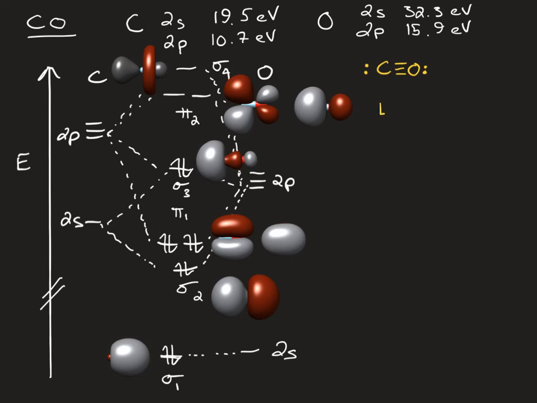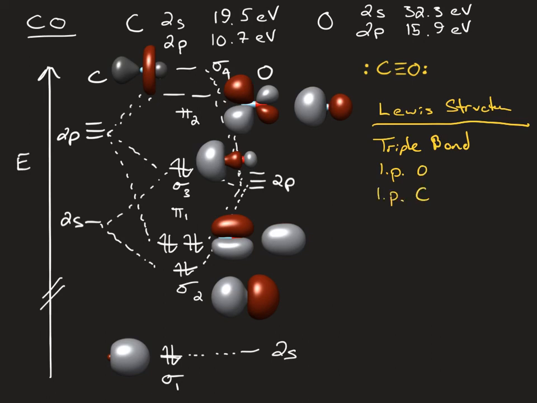So if we look at the Lewis structure, what we have is a triple bond. We have a lone pair on oxygen and a lone pair on carbon. Now the three bonds making up that triple bond correspond to sigma 2. So there's your sigma bond. And then the two degenerate orbitals of pi 1. So there's your pi bonds.